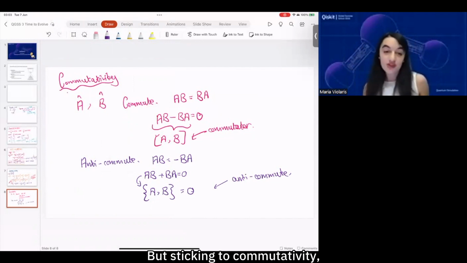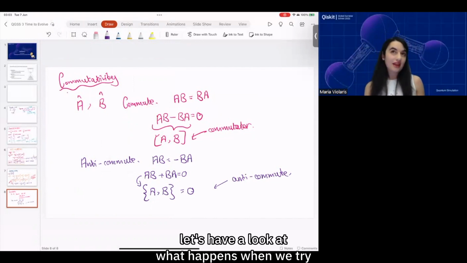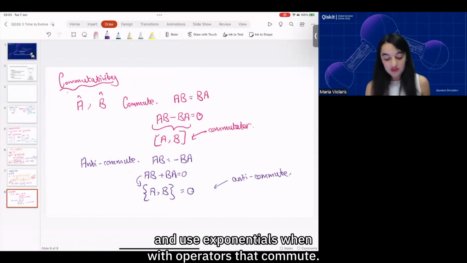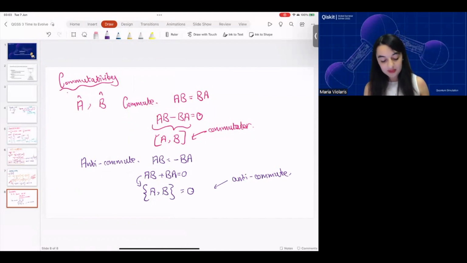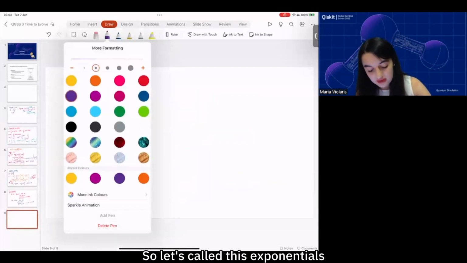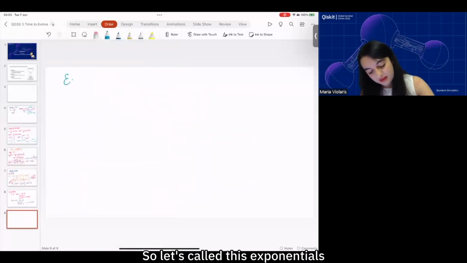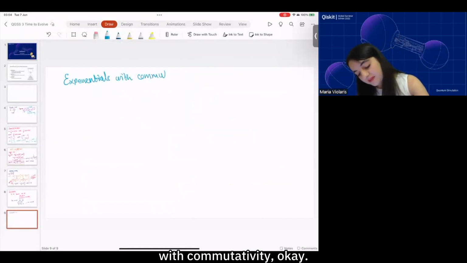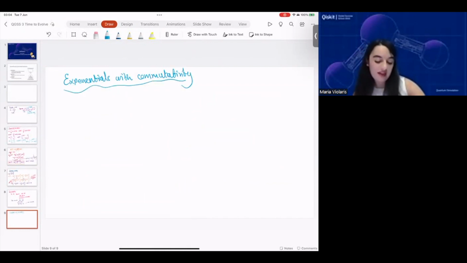But sticking to commutativity, let's have a look at what happens when we try and use exponentials with operators that commute. So let's call this exponentials with commutativity.